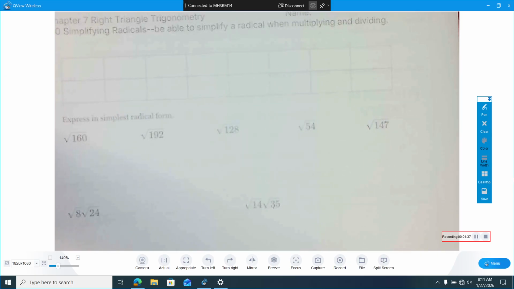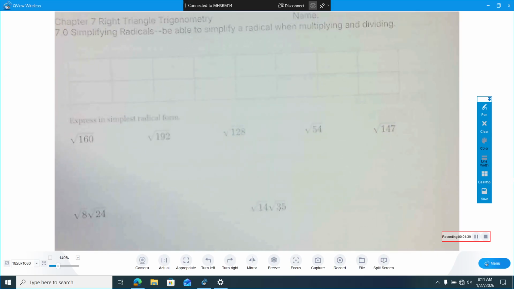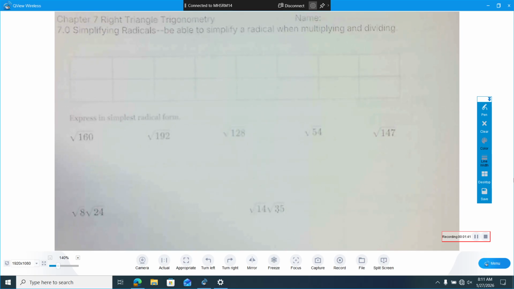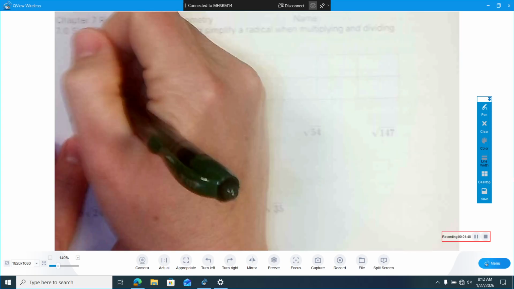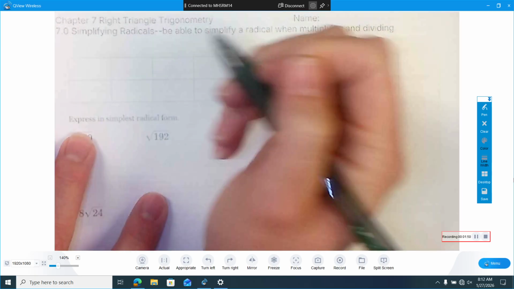Here we go. So we want to be able to simplify radicals and make it as simple as possible. It's kind of like reducing a fraction, but it helps to go through our perfect squares. So right here, I think you all know what 1 squared is.